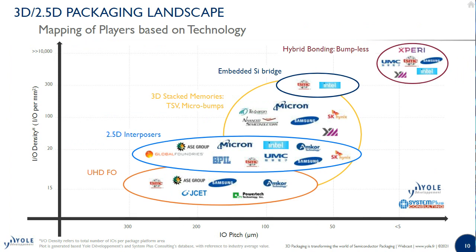This slide shows the map of players based on technology, showing the packaging landscape by I/O pitch and I/O density. From the left to the right, we have ultra high density fan-out, with the manufacturers involved, 2.5D interposers, 3D stacked memory, being the TSV and micro bumps, embedded silicon bridge, and eventually hybrid bonding.